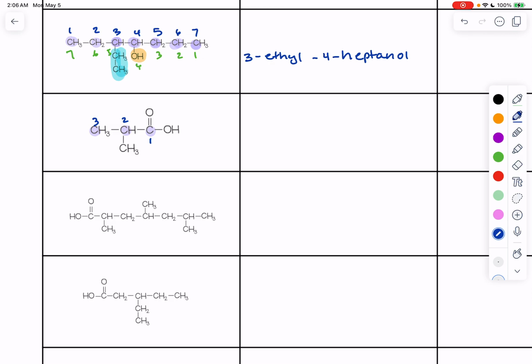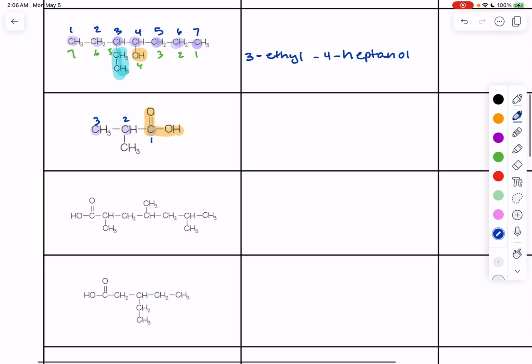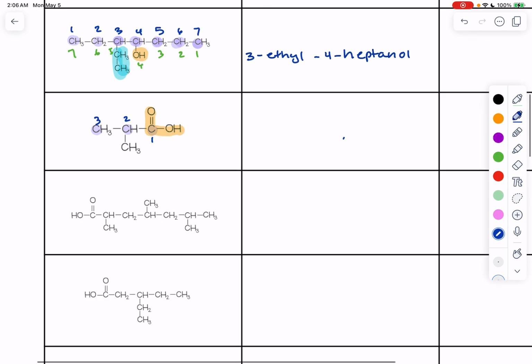So if you have a carboxylic acid group like we have here, that one will always be the first position. All right, so we have 3 carbons, methyl, ethyl, propyl, so it's propanoic acid. But on the second position, we have another substituent, and that's a methyl group. So it's going to be 2-methylpropanoic acid.